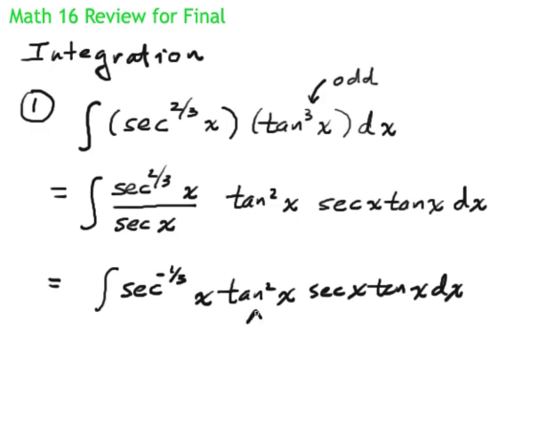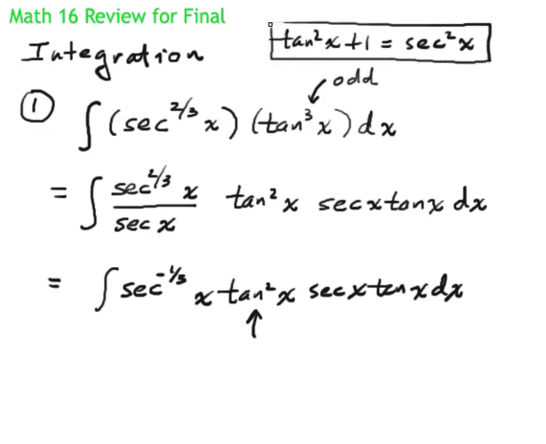So tan squared, let's recall the trig identity that we're going to use over here, and that is tan squared x plus 1 is equal to secant squared x. So tan squared x is equal to secant squared x minus 1. So we're going to replace tan squared with secant squared minus 1.